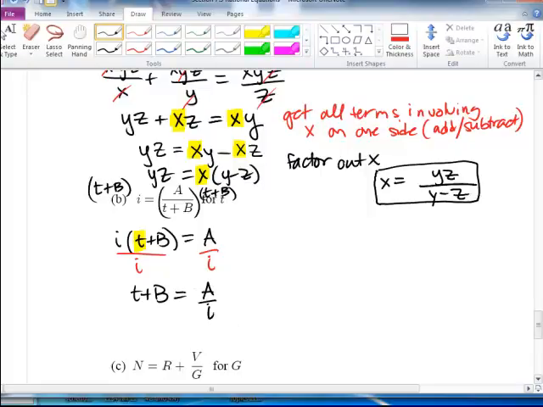And then I want to get that b out of the way. To undo addition, I would subtract. So t is a divided by I, minus b. Right, so to undo addition, I would subtract. To undo subtraction, I would add.